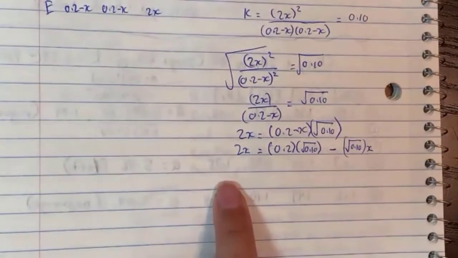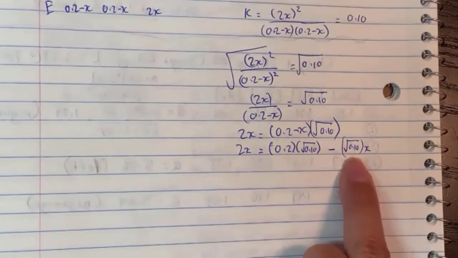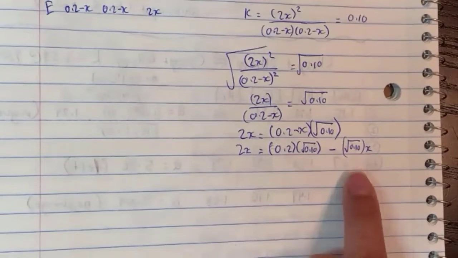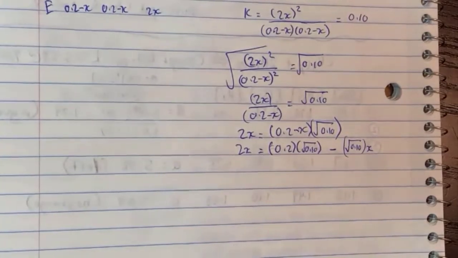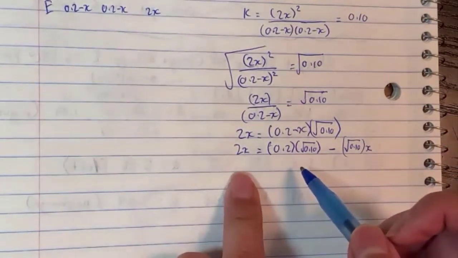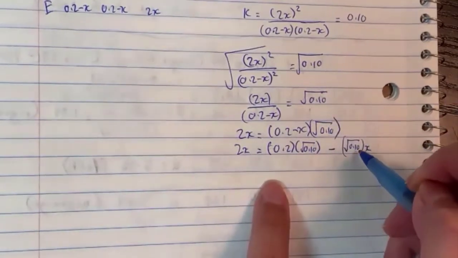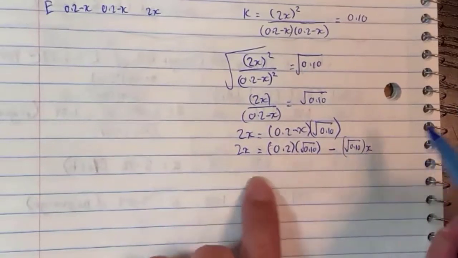So what I'm going to do is put all the x's on one side. The square root of 0.1 is like 0.31622 blah blah blah, but we can just round it for now. Keep it at 0.32. So this is 0.32 right here.